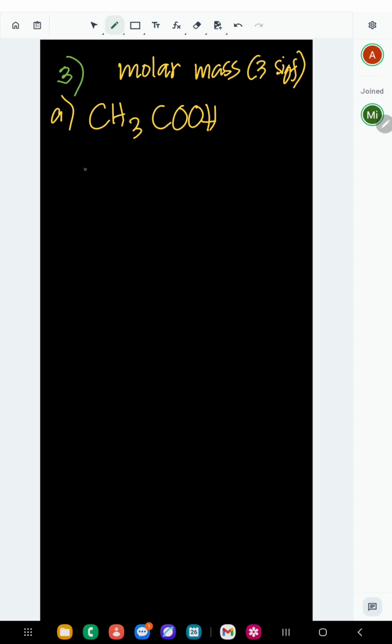We have two carbon atoms, so there will be 2 times the molar mass of carbon, 2 times 12.01 grams per mole.